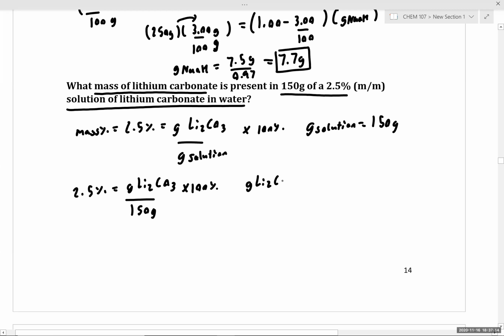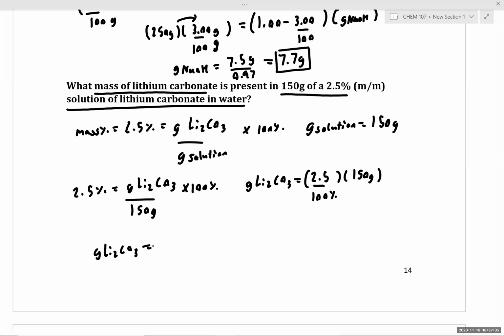So then the grams of lithium carbonate are equal to 2.5 over 100% times 150 grams. Okay, and that gives us grams of lithium carbonate equal to 2.5 times 150 over 100.